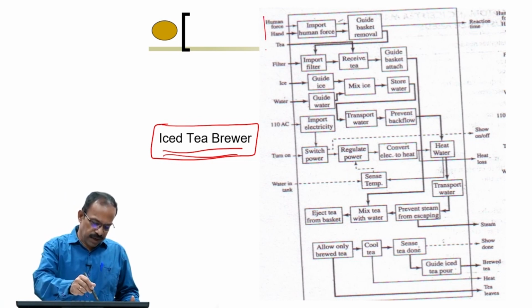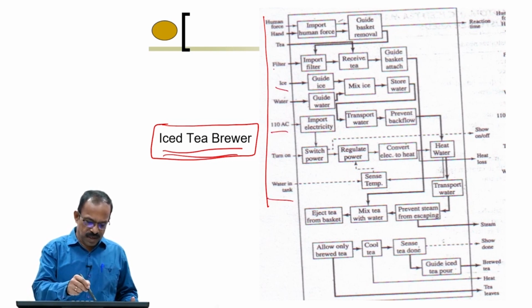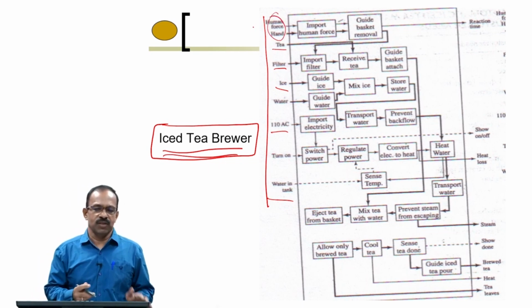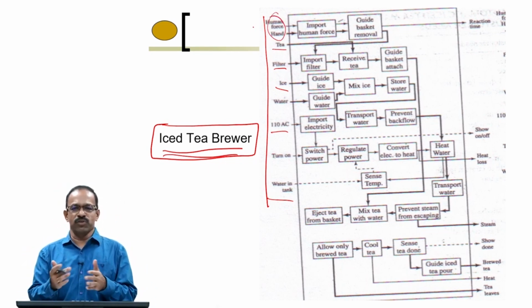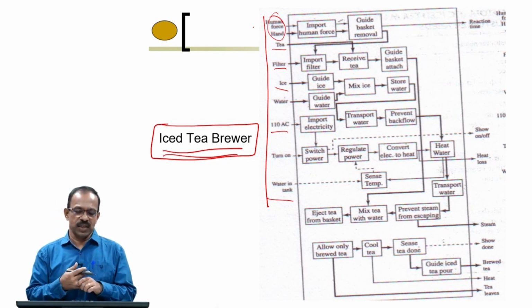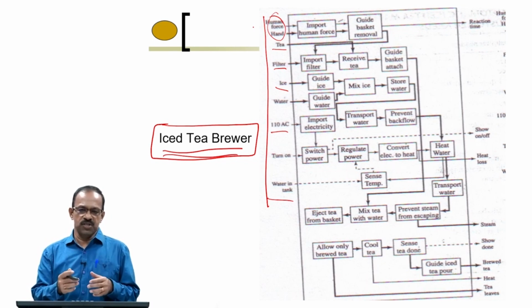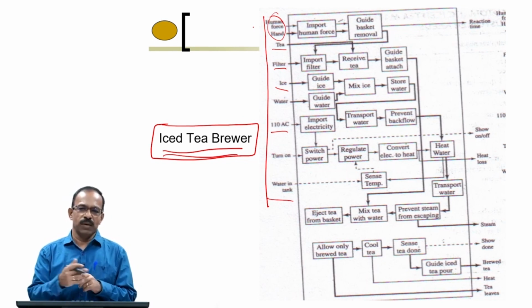And these are the inputs to the machine. You can see water, electricity, ice, filter, tea, and human force and hand. Because we need to have somebody operate the machine, that is why the human hand and force come into the picture. If there is no human involvement in operating the product, then this will not be there. But in this machine, we need the human to do some work to get the product function. That is why this comes into the picture.